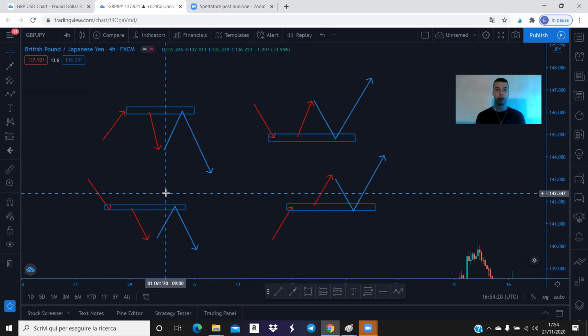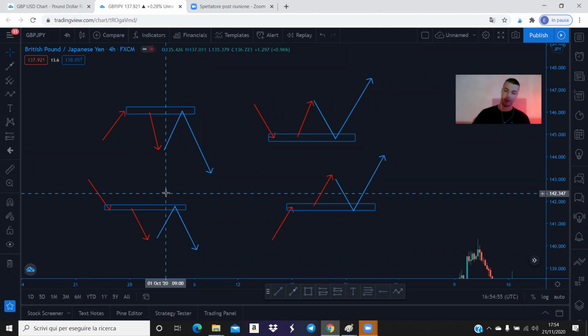If it is formed by small candles, then it cannot be considered a good supply or demand. It means that the banks and the financial institutions are not entering the market. We want to trade areas where we know that the banks entered with a lot of money, where we know that if the price comes back, probably we will get good profits because there is high liquidity in that area. First rule.